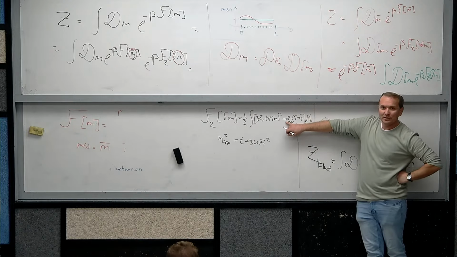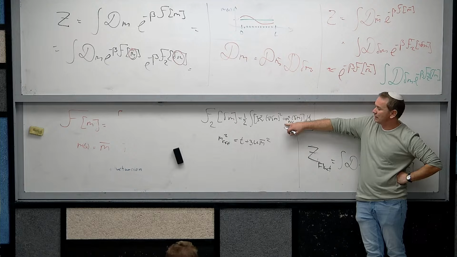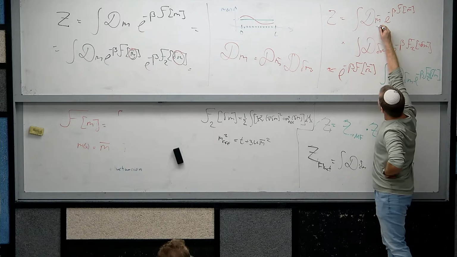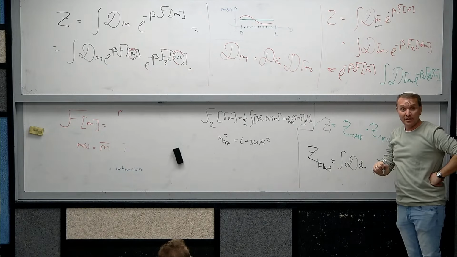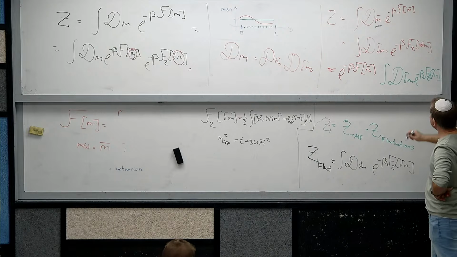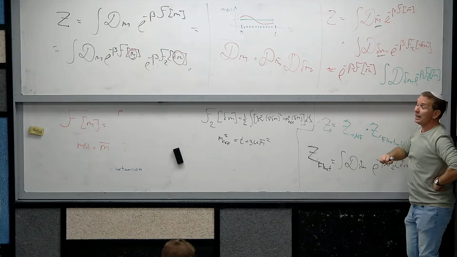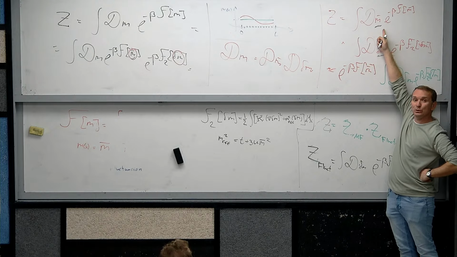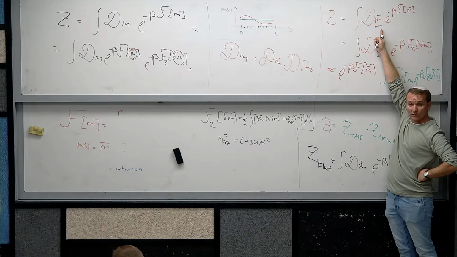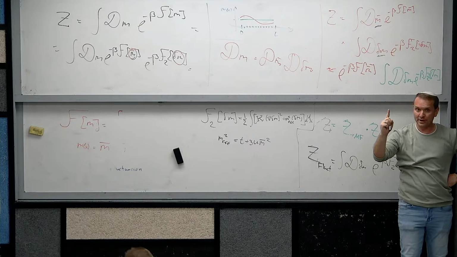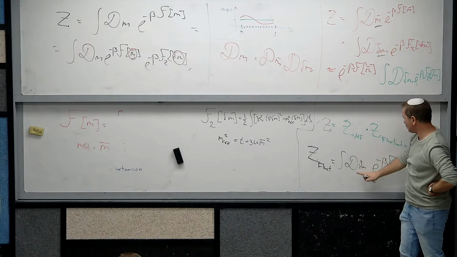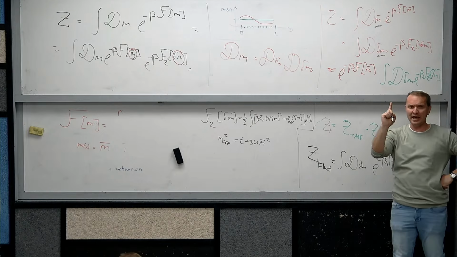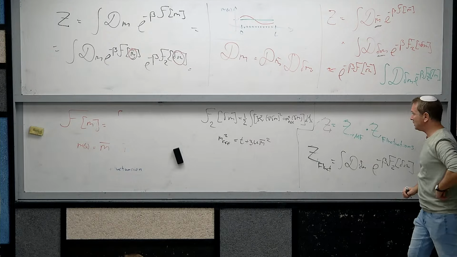The problem is that when I perform this factorization, I assume that m hat is completely independent of the delta m. Now, m hat that sits over here is all the possible values of the mean field, but eventually I choose one, right? In order to perform this z of mean field, I choose only one m hat, and that's it.